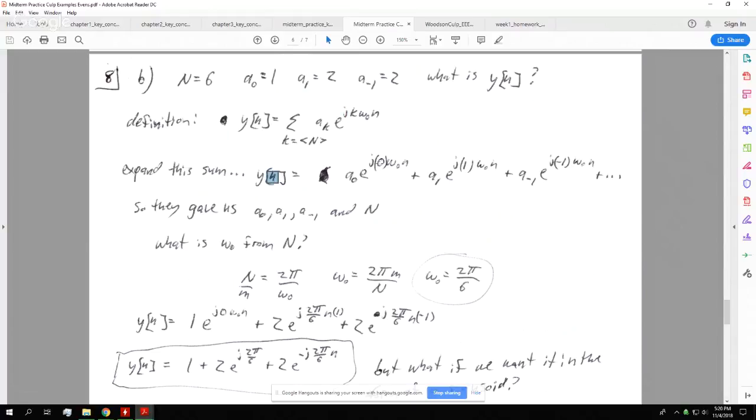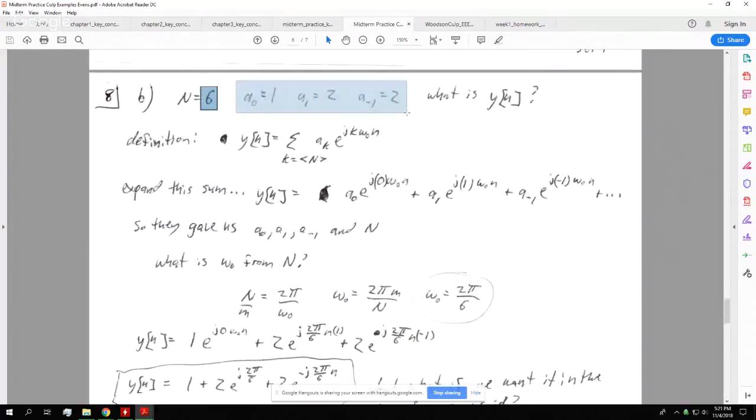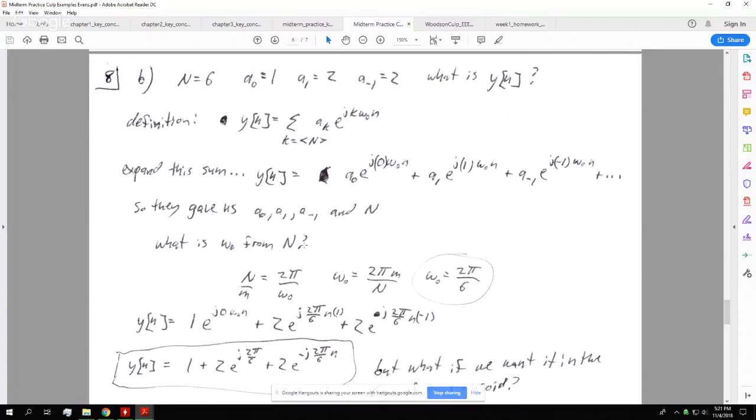The next term will be a1 times this complex exponential evaluated at 1, and then a minus 1 times this complex exponential evaluated at minus 1, and so on, for however long your period is. Since we're given 3 terms, we know that 3 of the terms in this period of 6 were 0, and 3 of them were non-zero values.